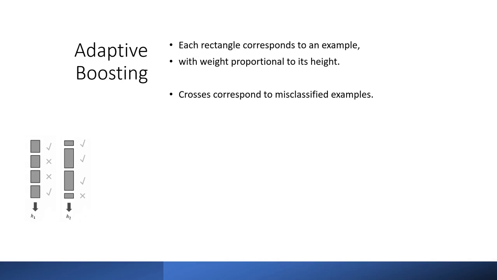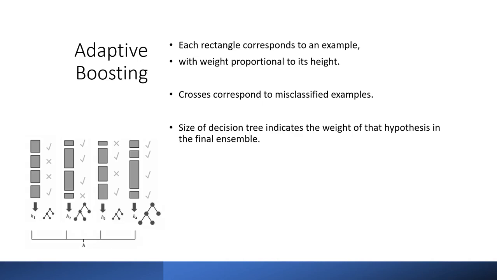These ones that are right, they got to be bigger. And as we keep going forward, we can see how the crosses are going to correspond to our misclassified examples, and the size of the tree is going to indicate the weight of that hypothesis in that final ensemble.